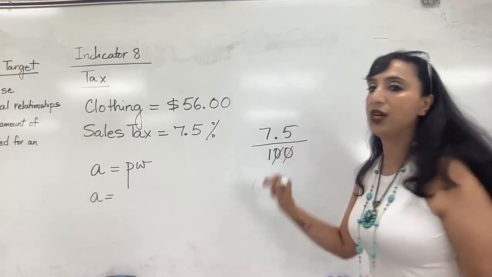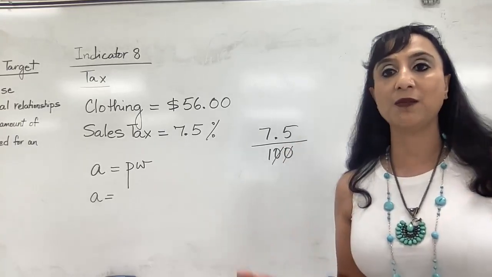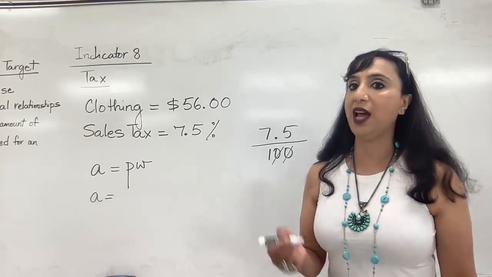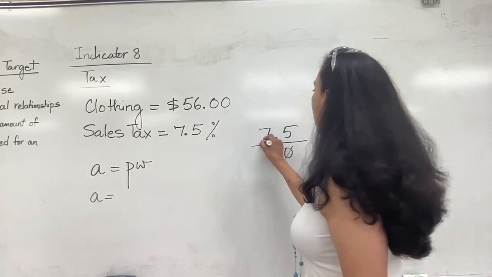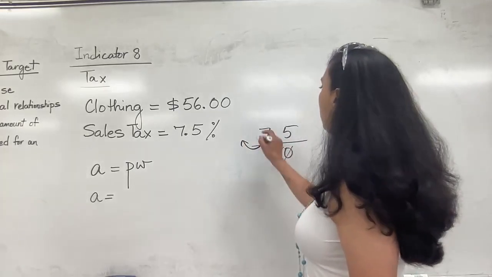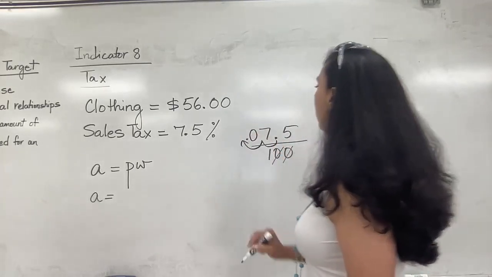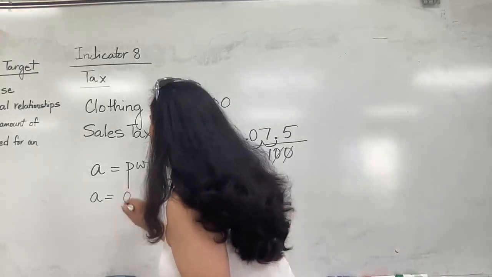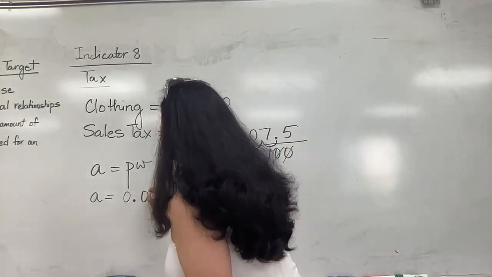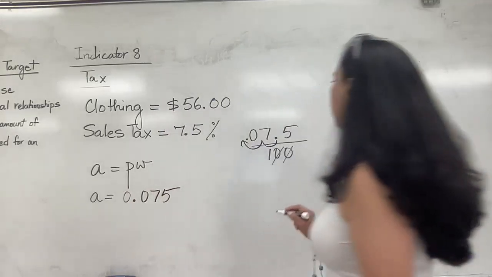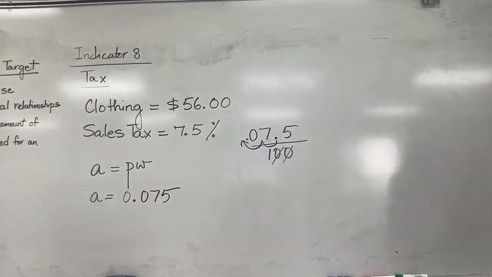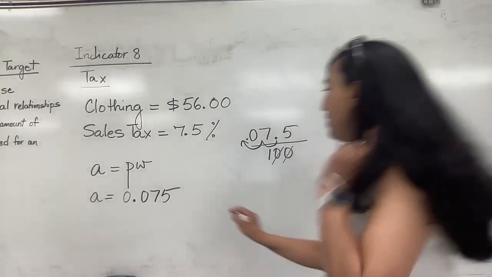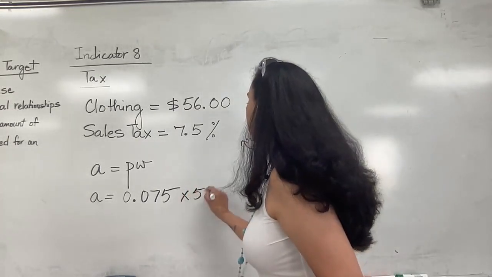I remove the two zeros, and because the number is getting smaller because of division, my decimal is going to move two places to the left. So here we go, 1, 2. And then I am going to annex a 0, and here is my decimal number now. So my percent is 0.075, and that times 56.